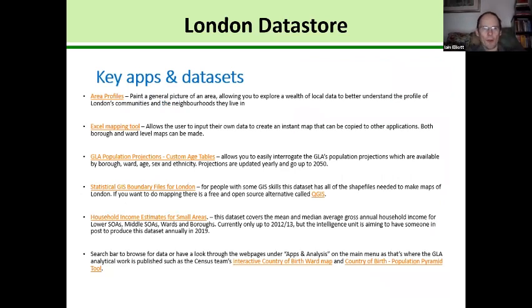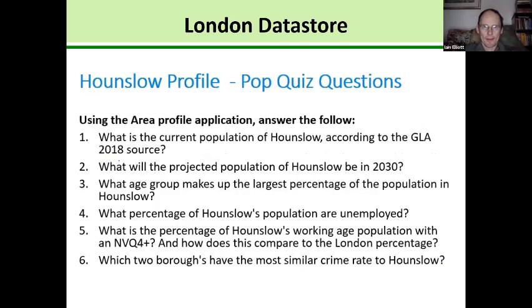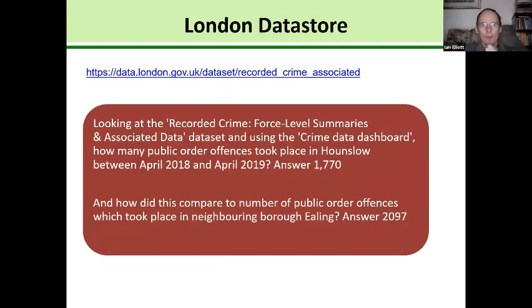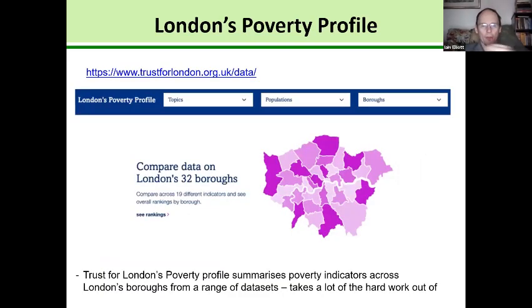CSS has got area profiles, a mapping tool, GLA population projections, things like household income estimates. So those are some activities I would have done in the face-to-face class with a bit more time.